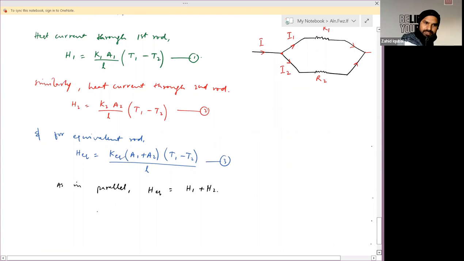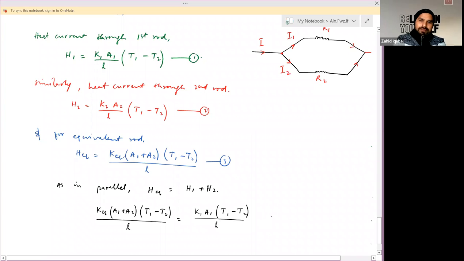For H equivalent, we have K equivalent times (A1 plus A2) times T1 minus T2 divided by length, equals H1 plus H2, that is K1 A1 times T1 minus T2 by length L, plus K2 A2 times temperature difference T1 minus T2 by length L. So we have T1 minus T2 divided by L common in all of these parts.